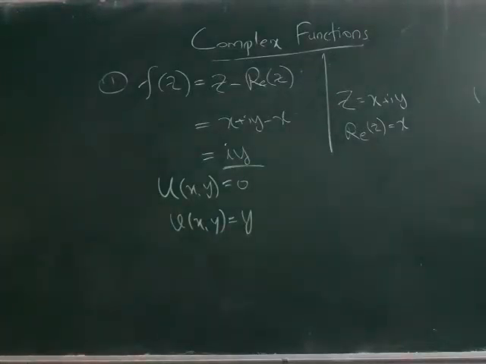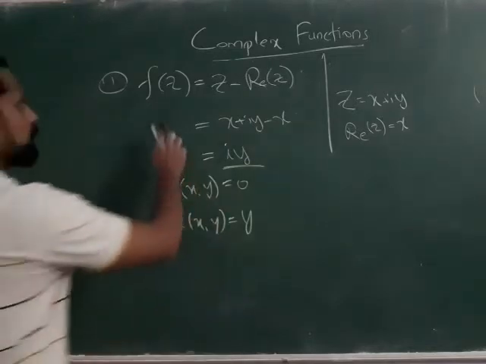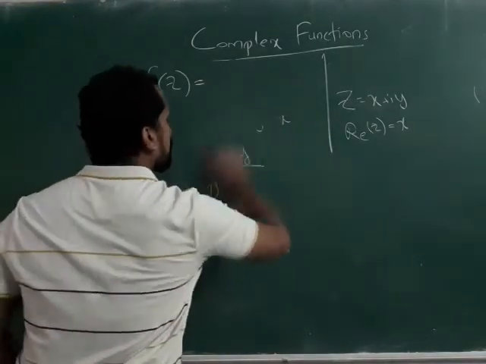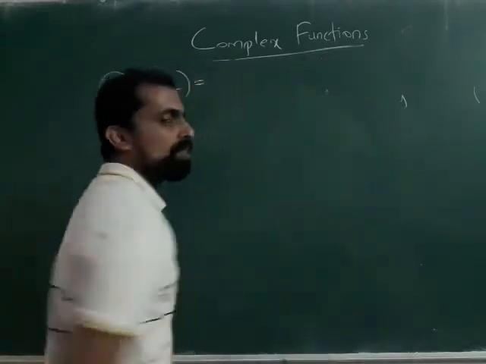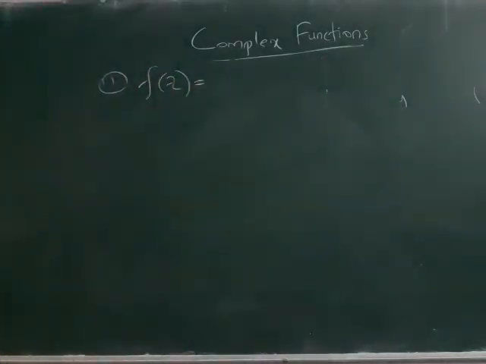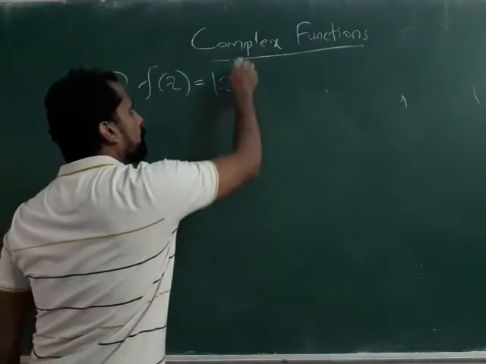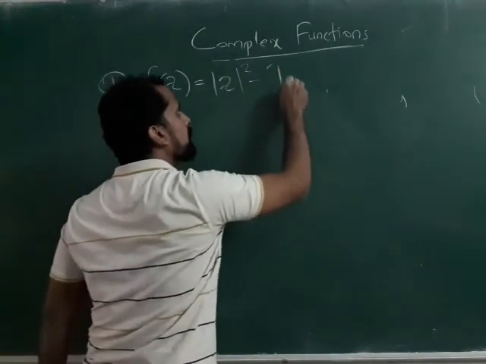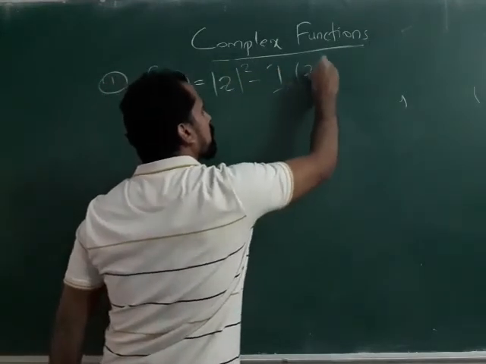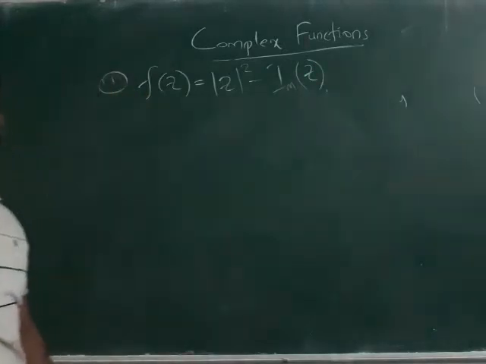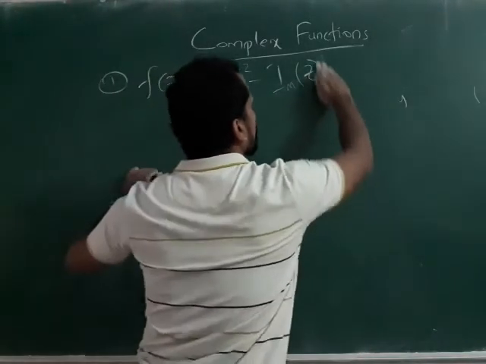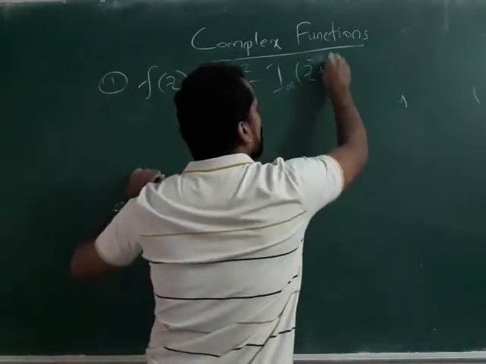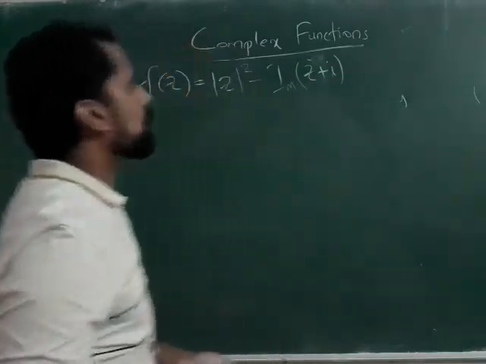Now I will give you some other examples, like f of z is equal to mod z square minus imaginary part of z plus i.